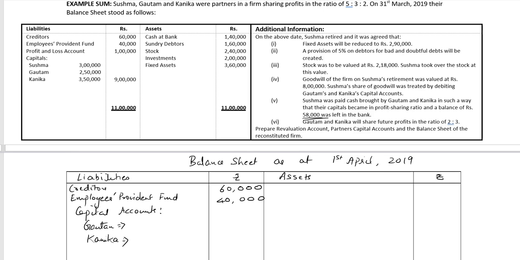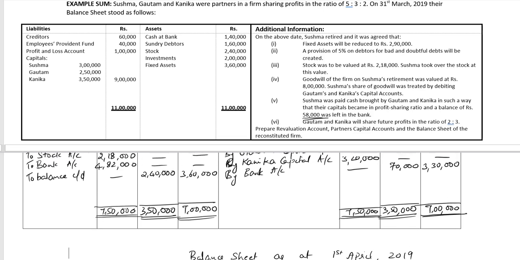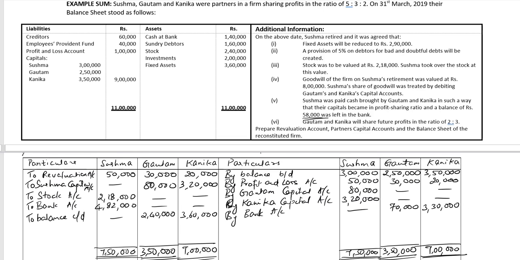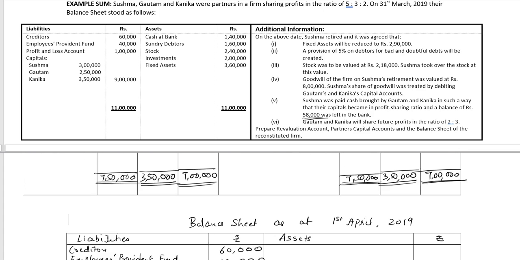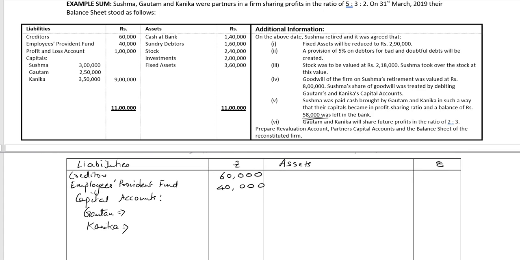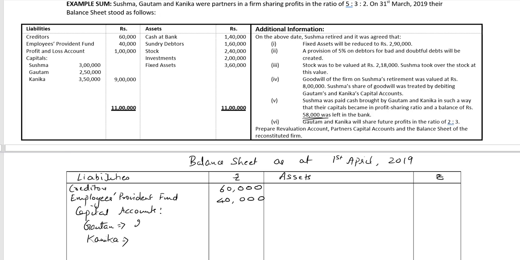As per the capital accounts, the balance carried down in the case of Gautam, new capitals 2,40,000 and 3,60,000 respectively. So it's 2,40,000 rupees for Gautam and 3,60,000 rupees in the case of Kanika.